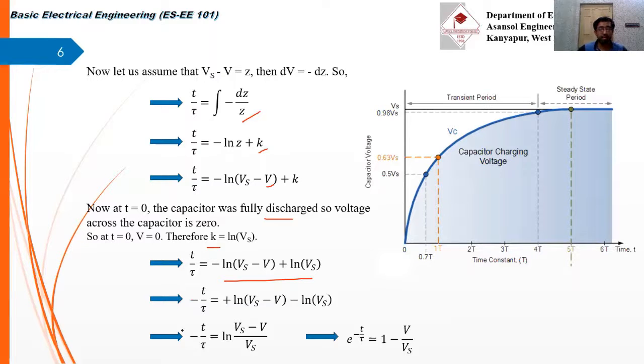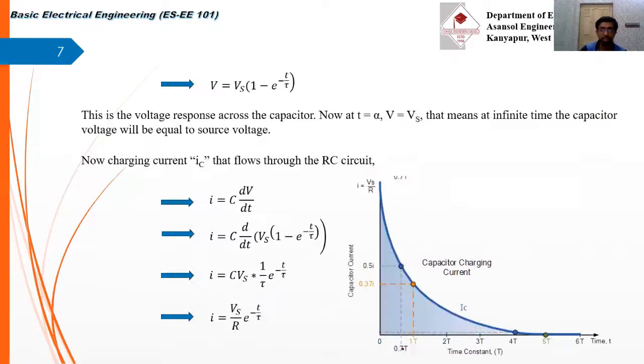Next, minus t by tau equals ln of (Vs minus V) divided by Vs. Now, taking antilog, e to the power minus t by tau equals 1 minus V by Vs. So V equals Vs times (1 minus e to the power minus t by tau). So this is the voltage that is charging and developing across the capacitor with time.